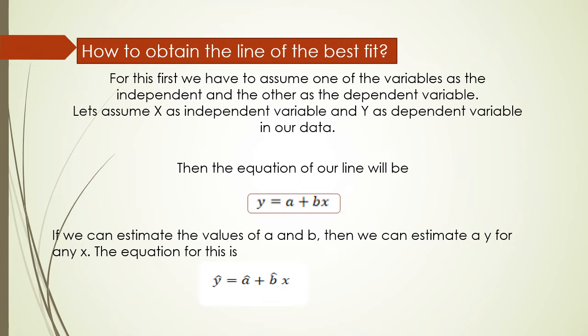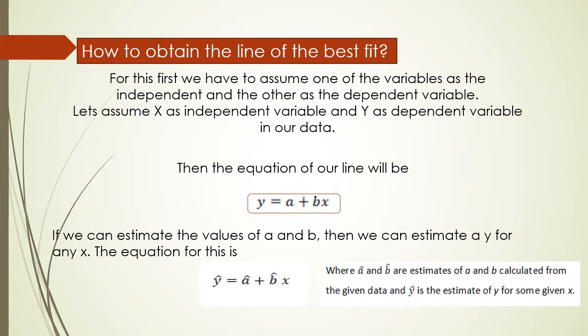The equation for this is y hat equal to a hat plus b hat x, where a hat and b hat are estimates of a and b calculated from the given data, and y hat is the estimate of y for some given x.